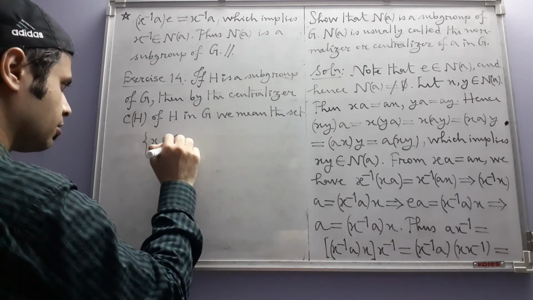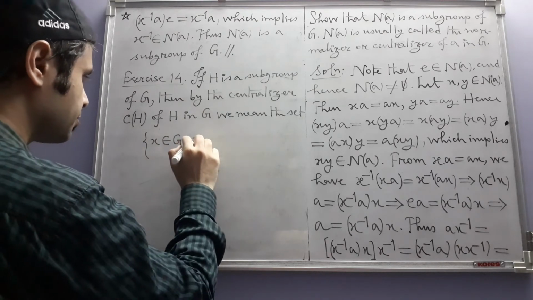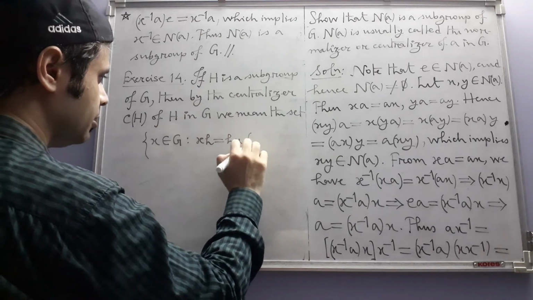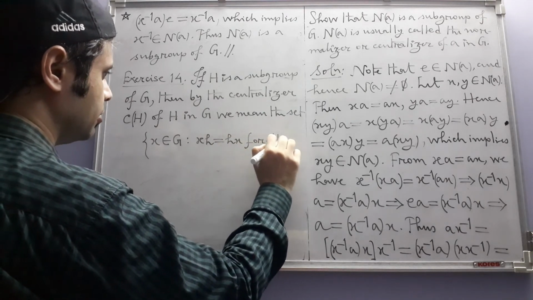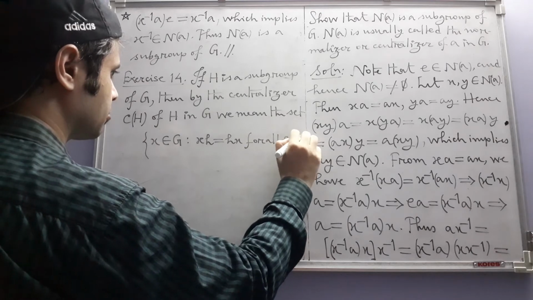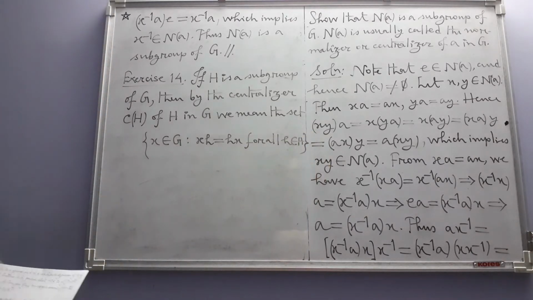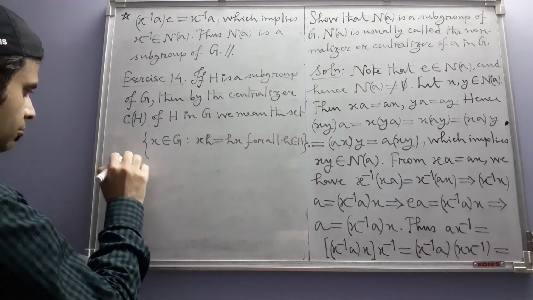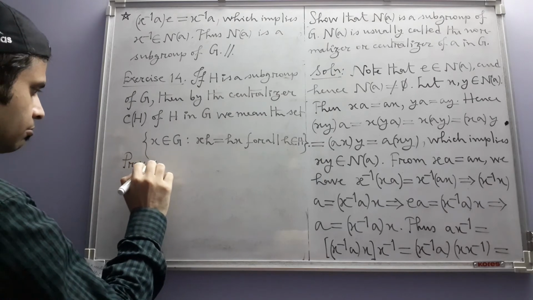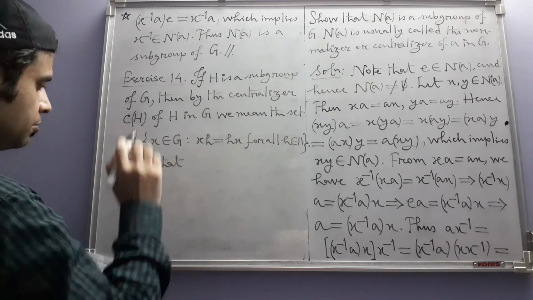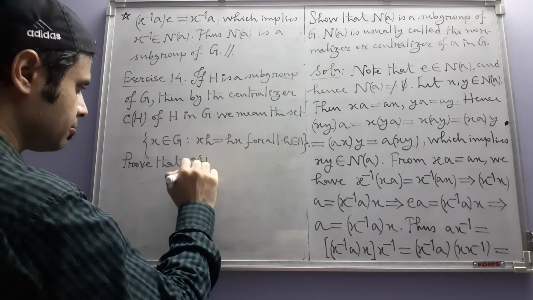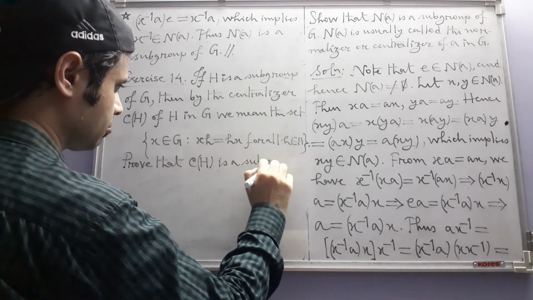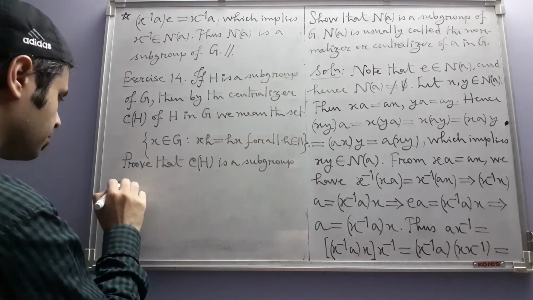It is the set of those elements in G that commute with every element in H. Prove that CH is a subgroup of G.